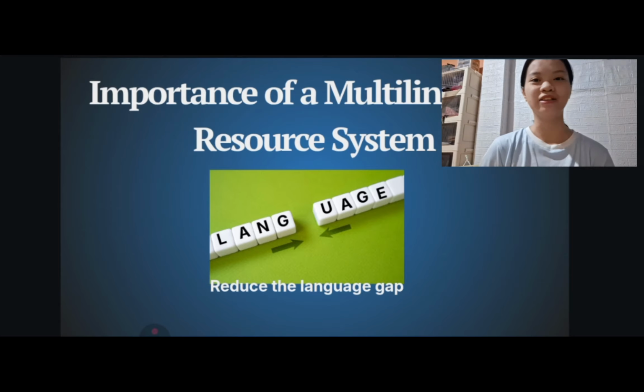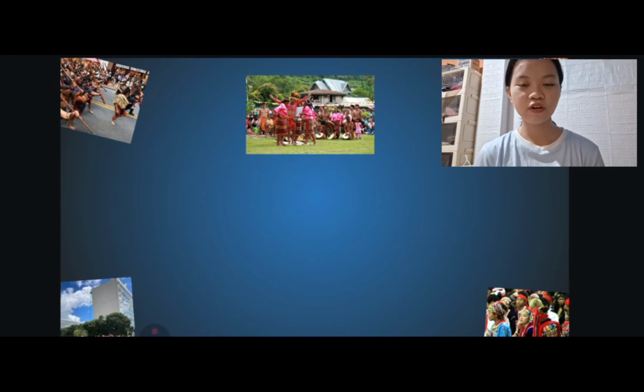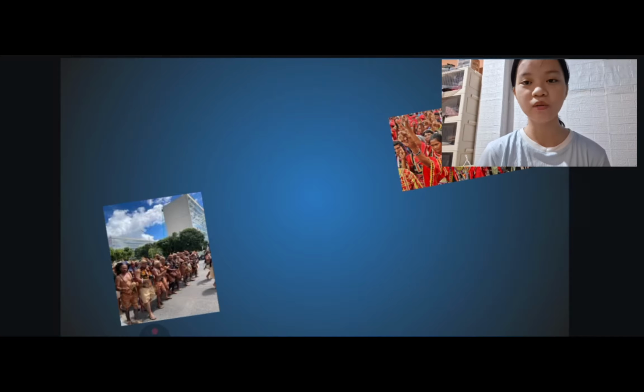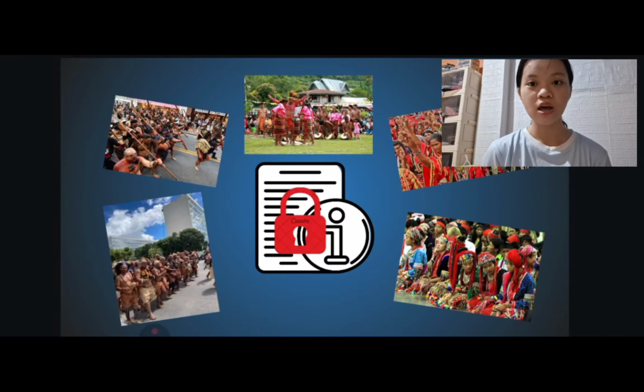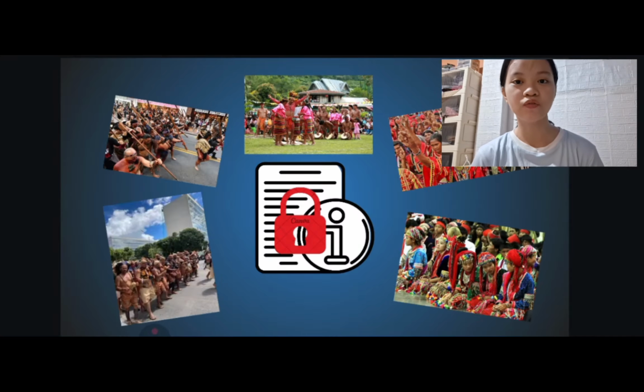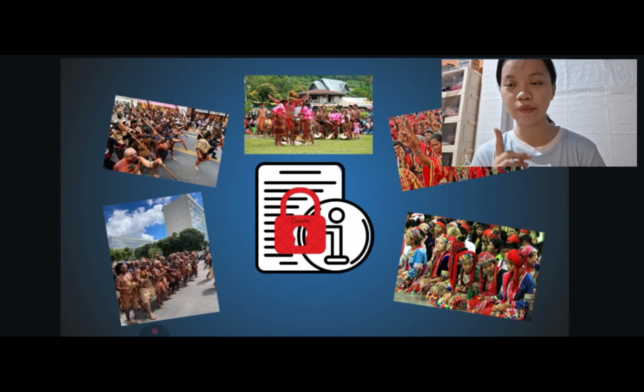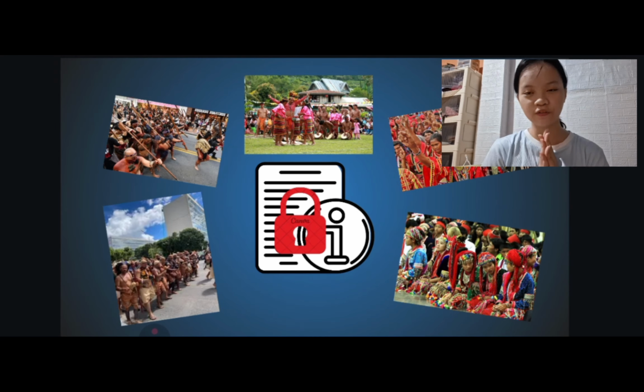Millions of people cannot access information literacy materials simply because they are not available in their language. Now, by gathering resources from around the world, this project makes information literacy more inclusive and more accessible to everyone, no matter what language they speak. And that is all for my report. Thank you for listening.